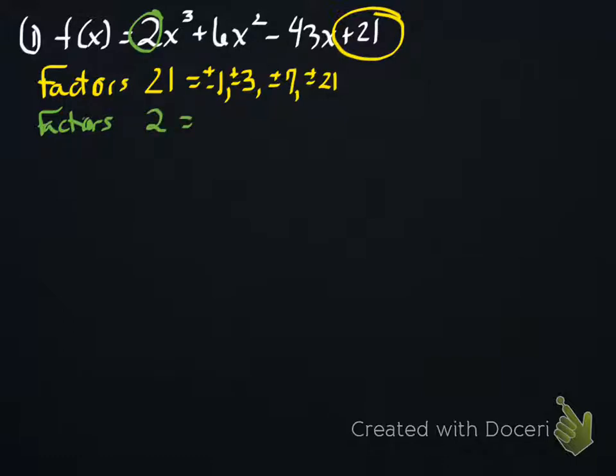What numbers can divide into 2? 1 and 2. Okay, so now that we have those two sets of factors, the next step is to actually identify your possible rational roots.